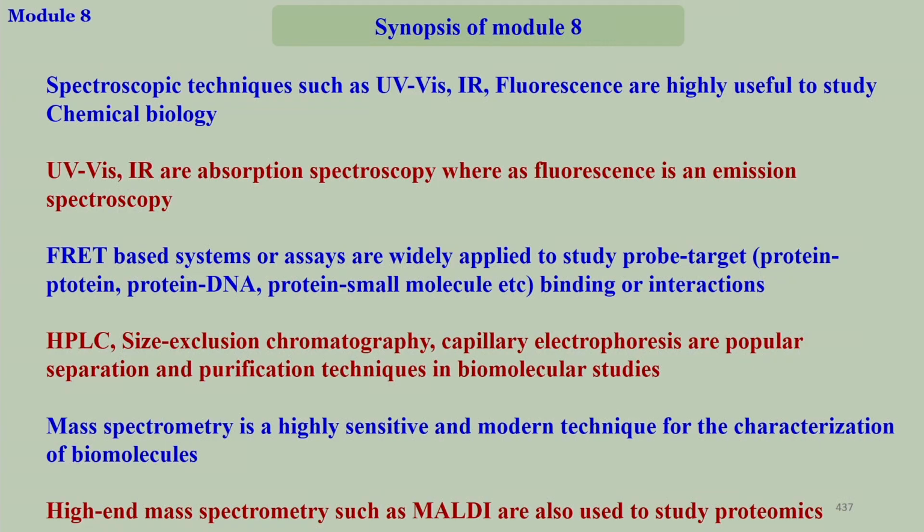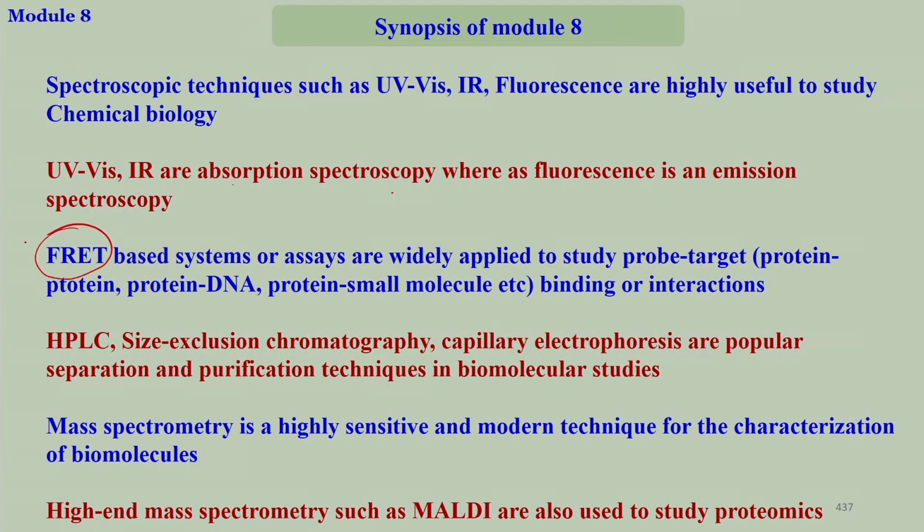So, they absorb radiation. That is why they are called absorption spectroscopy, whereas fluorescence is an emission spectroscopy, because in fluorescence it comes down from the excited state to the ground state by emitting radiation.